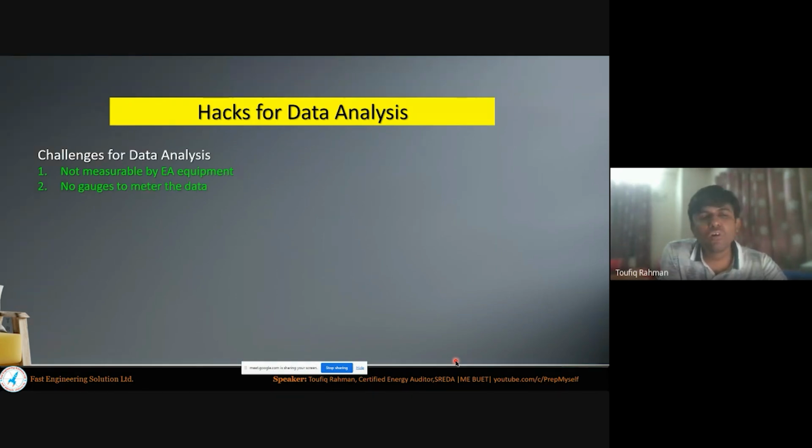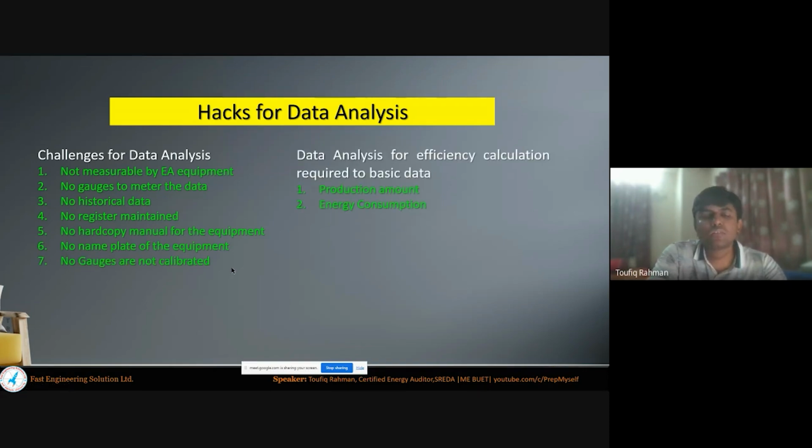Or maybe there is no meter, no historical data, and no register to maintain. These are the challenges you have. But none of these challenges cannot be solved.